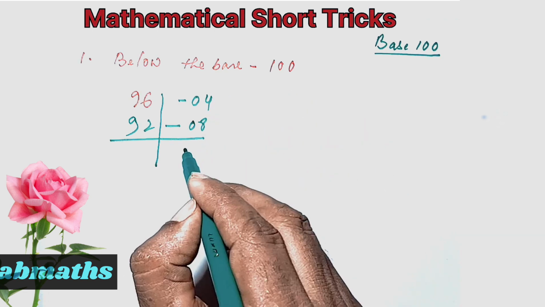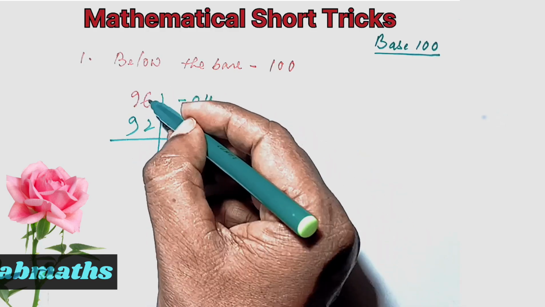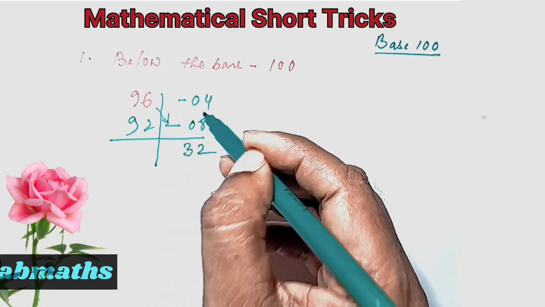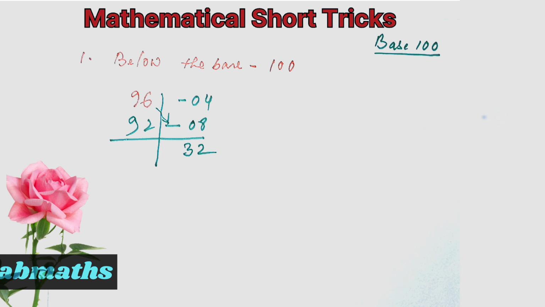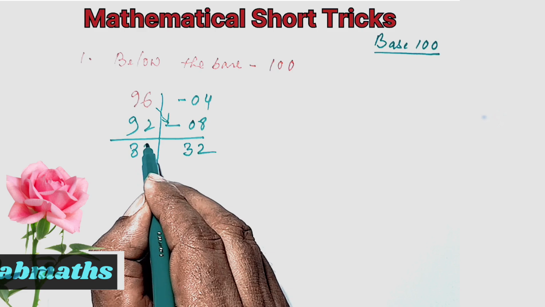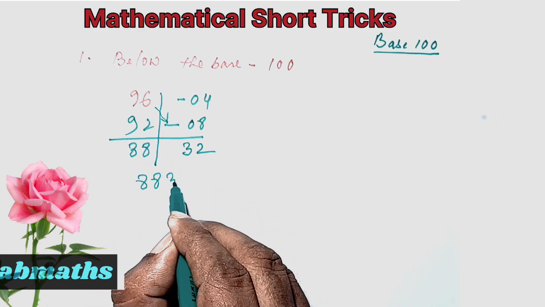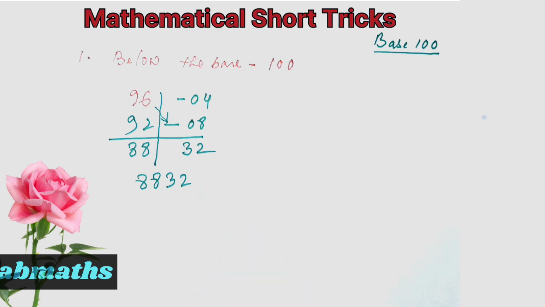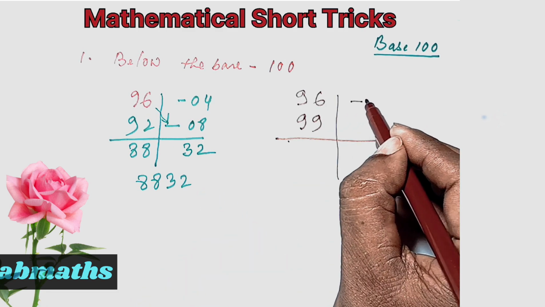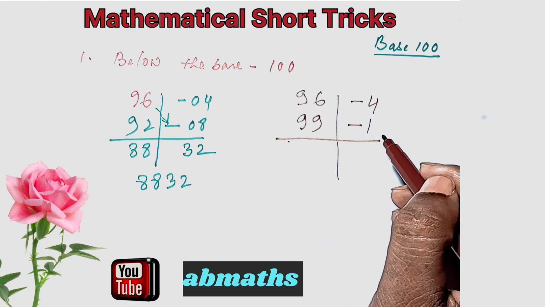So 8 fours are 32. Now the difference of these two: 96 minus 8 will be 88, or 92 minus 4 will be 88. So this will be our answer, 8832.